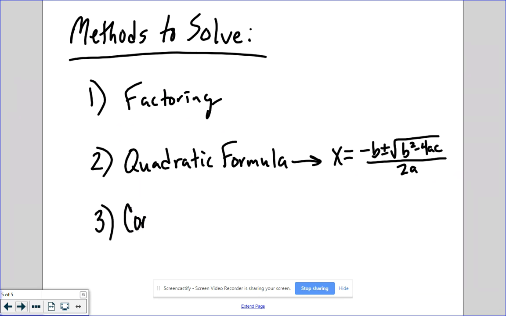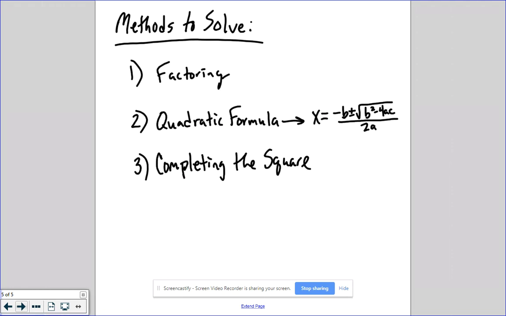The third one is completing the square. This is probably the one that you're least comfortable with. We're going to spend some time here today and tomorrow reviewing that. Completing the square was the one when I learned these in Algebra 2.